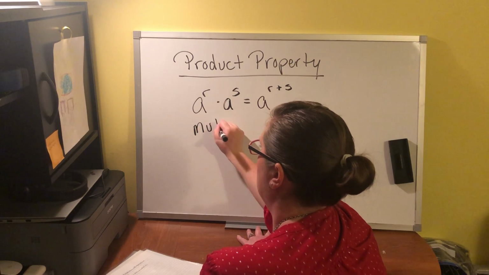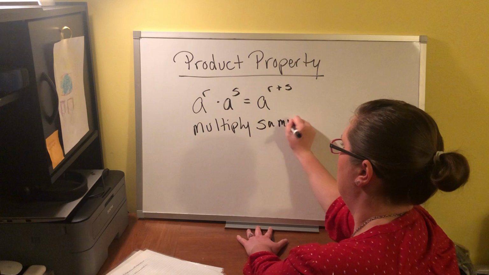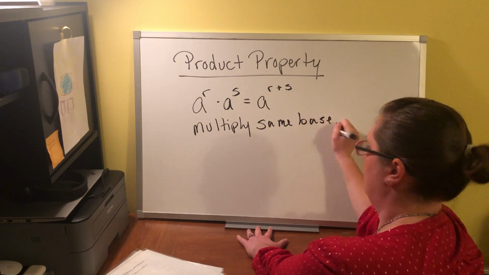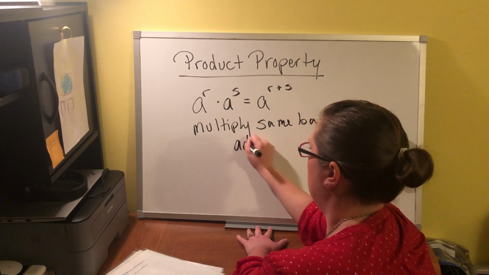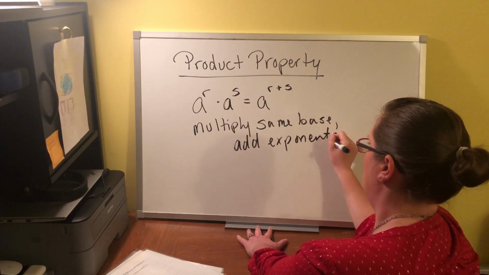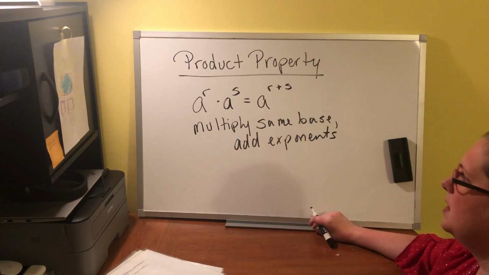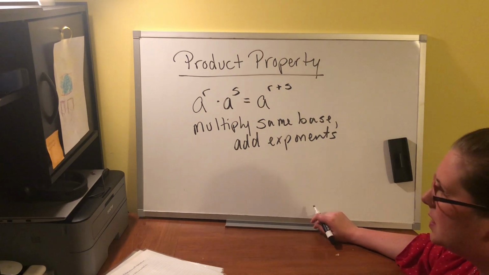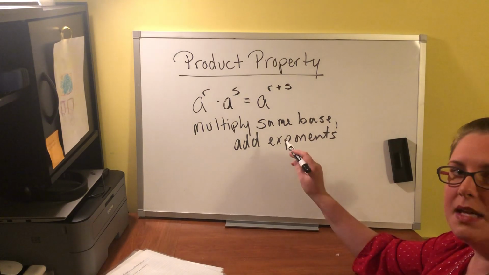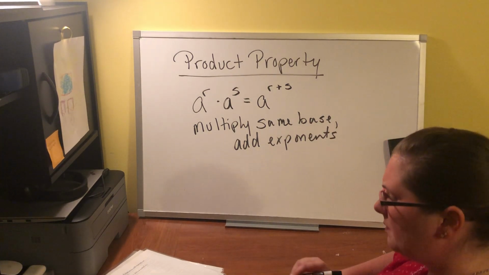So first thing you're going to look for, is it multiplication? Yes. Do they have the same base? Yes. So then you keep that base, add the exponents together, okay?